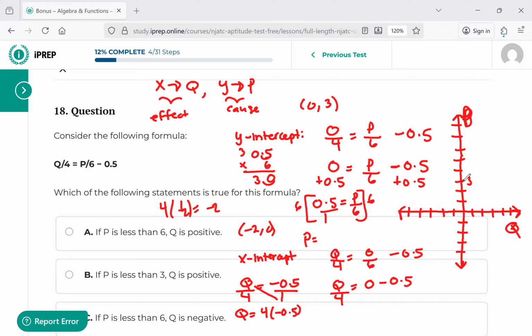Here's 3. My x-intercept was, what was it? (Negative 2, 0). Okay, connect the dots. Now let's test each one.